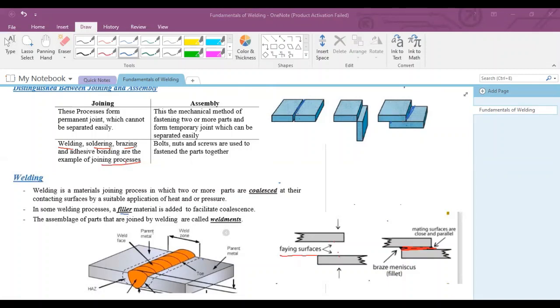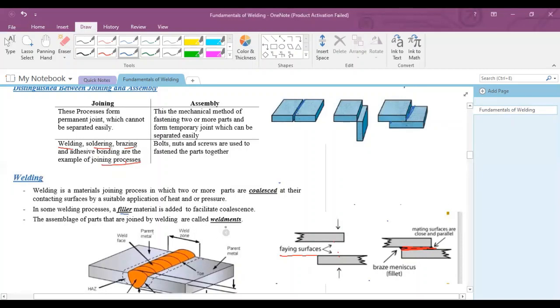Fusion welding is a type of welding, and in fusion welding there is no pressure required. Other weldings are done by a combination of heat and pressure. And in some welding processes, only pressure is required to fuse two parts. No heat is required there, right?